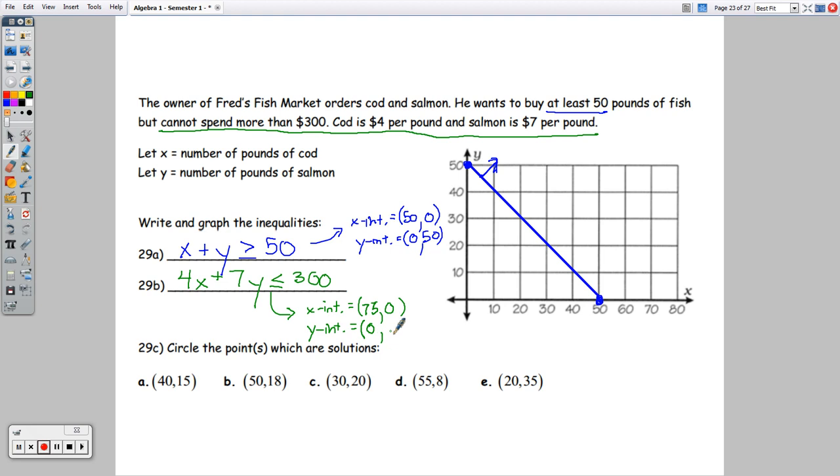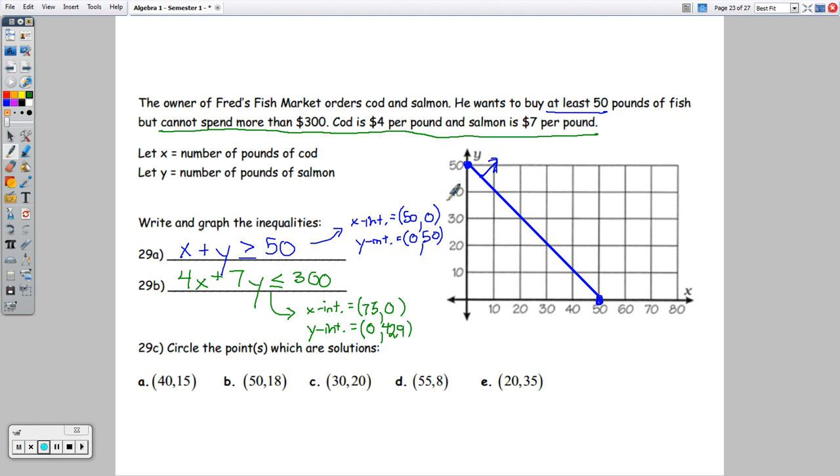If you plug in 0 for x, then you're looking for what makes that true. I would get out my calculator, do 300 divided by 7, and I'd get about 42.9.